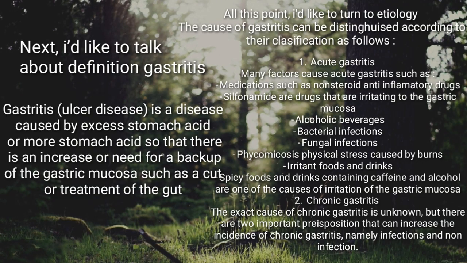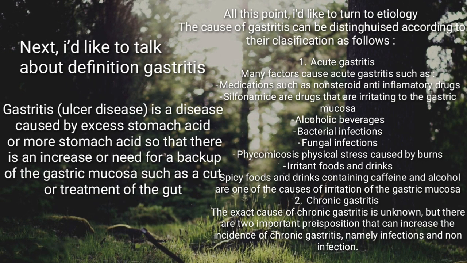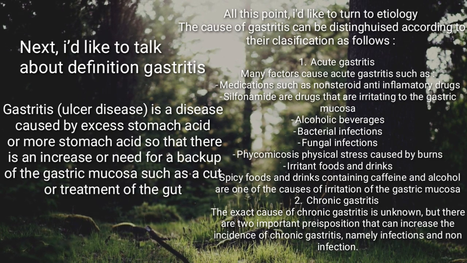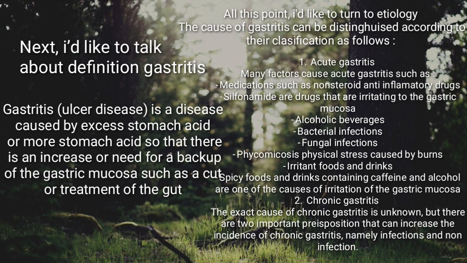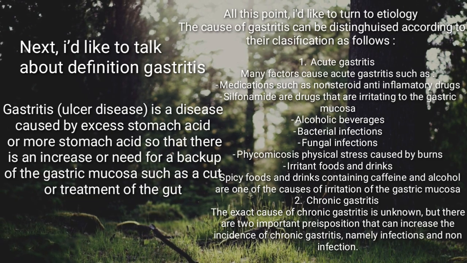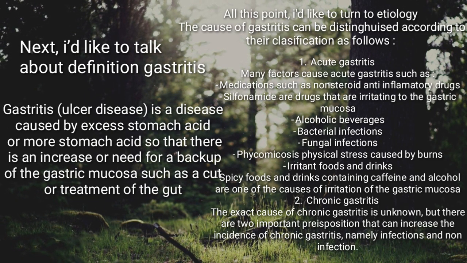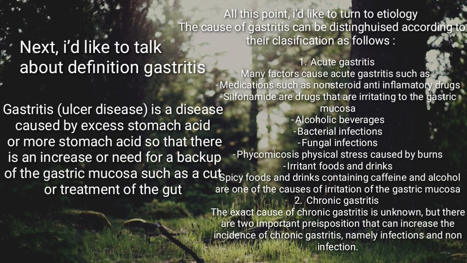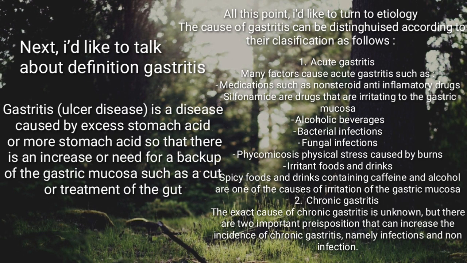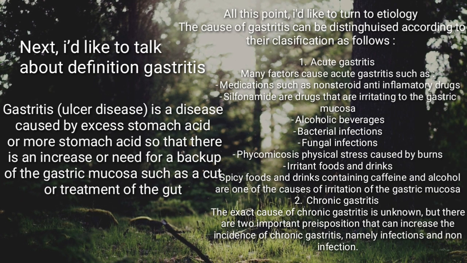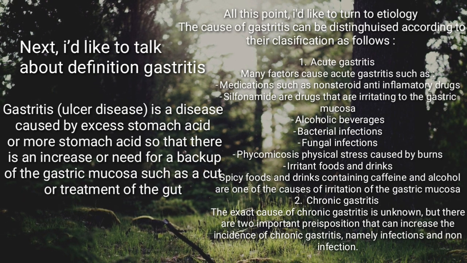Alcoholic beverages, bacterial infection, fungal infection, physical stress caused by burns, and irritant foods and drinks. Spicy food and drinks containing caffeine and alcohol are the cause of irritation of the gastric mucosa.